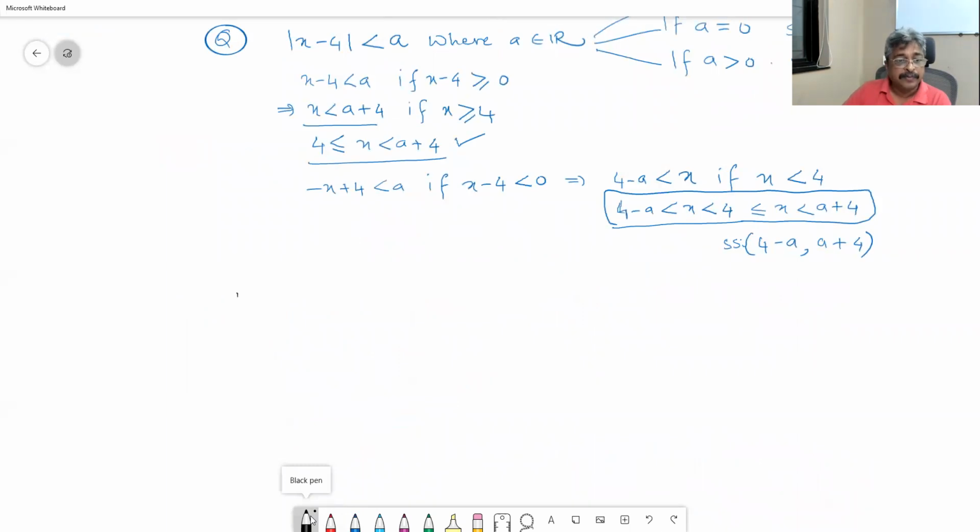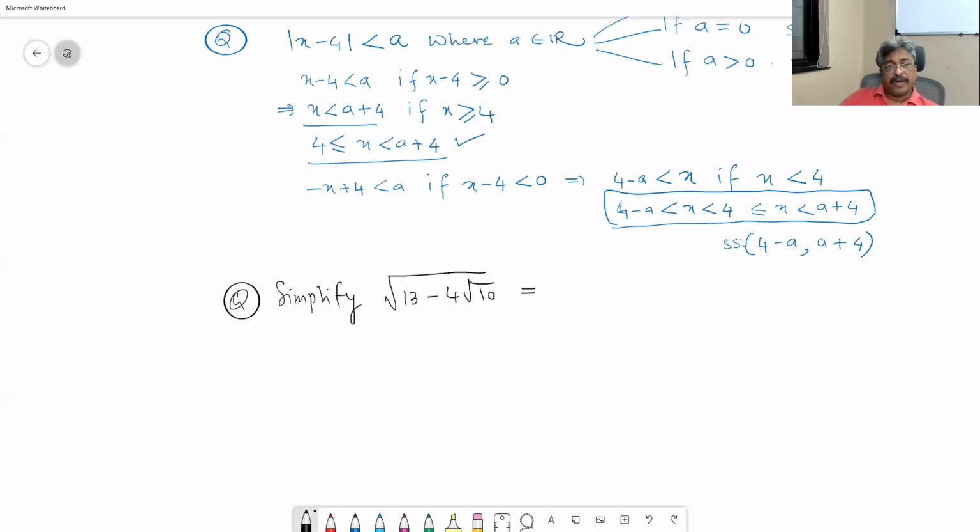Simplify radical 13 minus 4 root 10. Now, whenever you find sums like this dealing with irrational numbers or surds, this is a bigger radical sign, so it is expected that whatever is inside the radical sign is a perfect square.